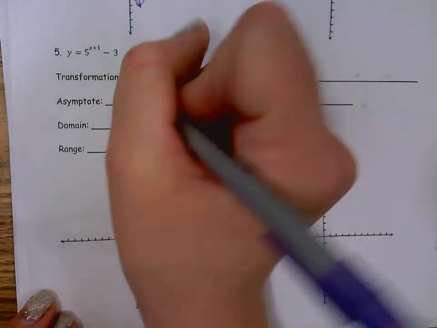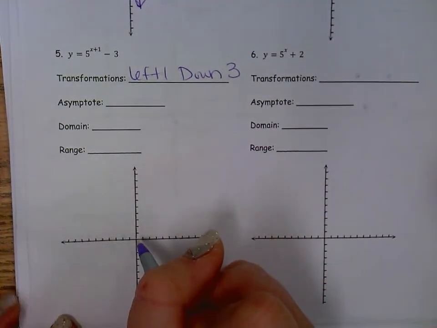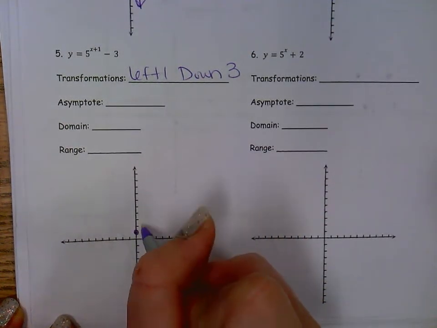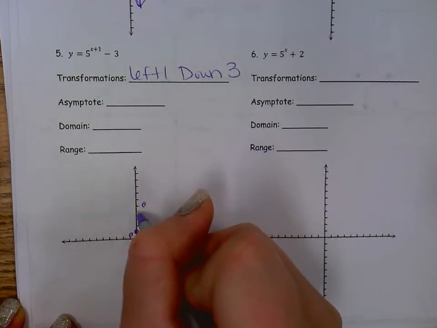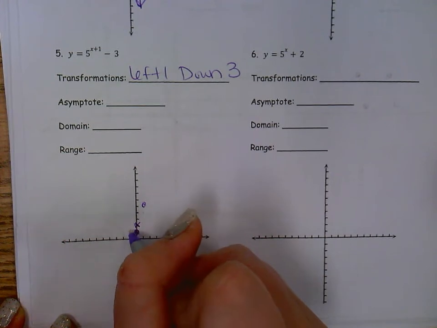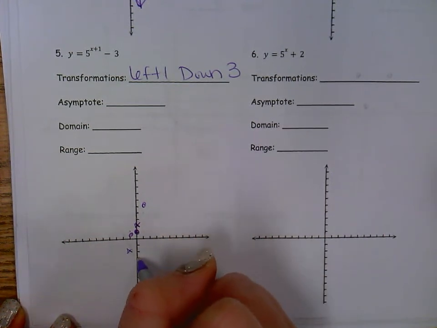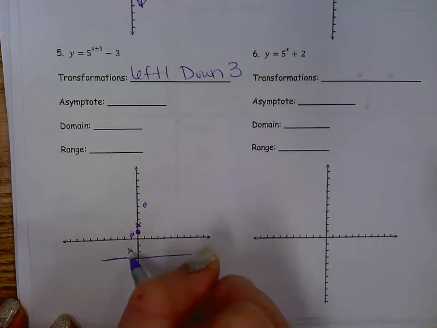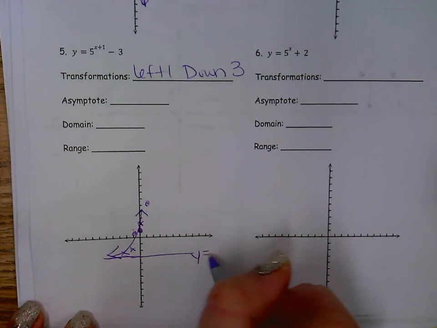So this should go left 1, down 3. Left 1, down 1, 2, 3. Left 1, down 1, 2, 3. Kind of hard to see, but let's see.